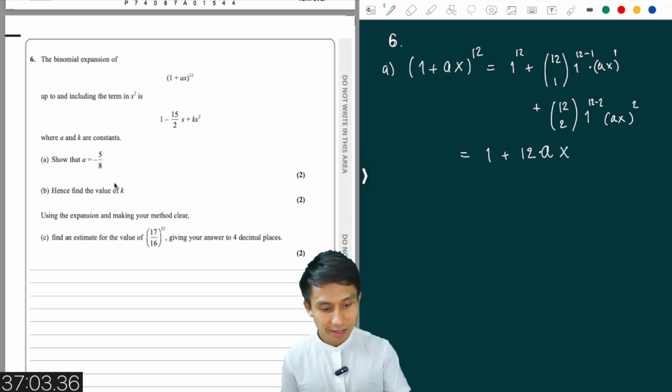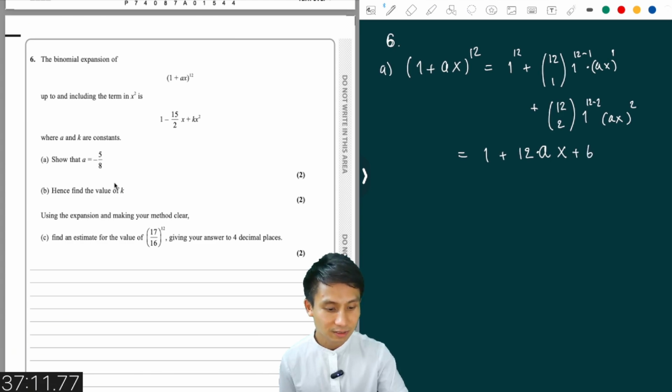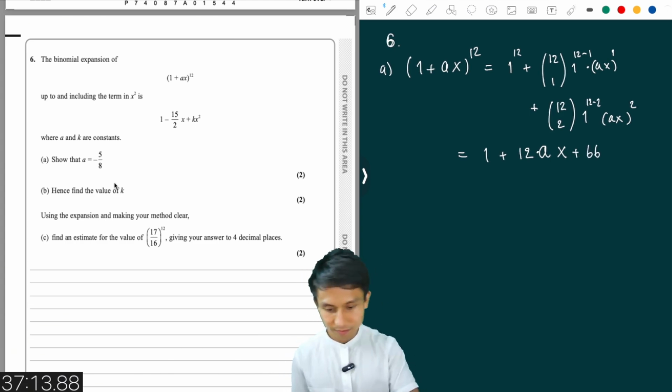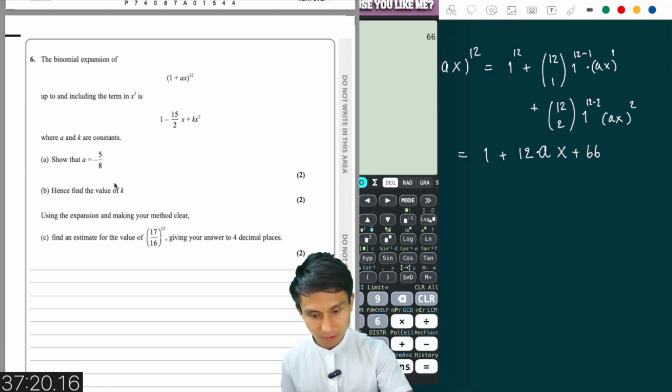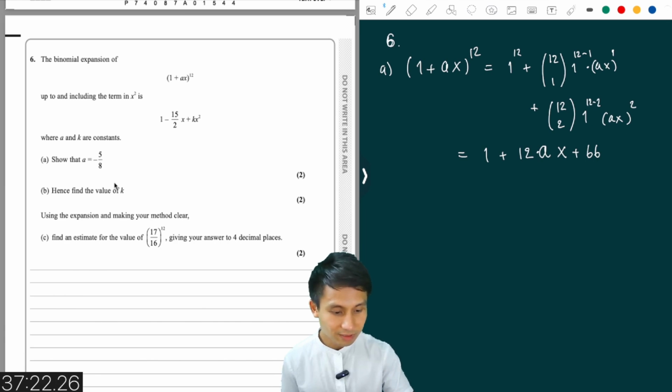And then the last term, just wrapping up here, 12c2, I believe it is 66. Let me just make sure. 12c2, yep. And then this is a squared x squared.